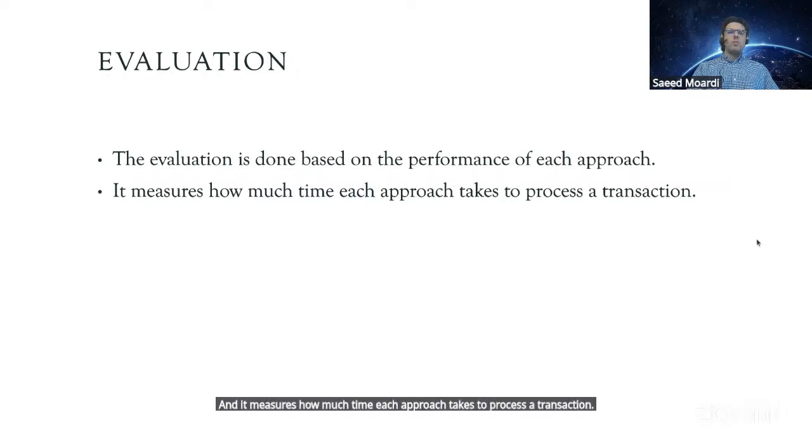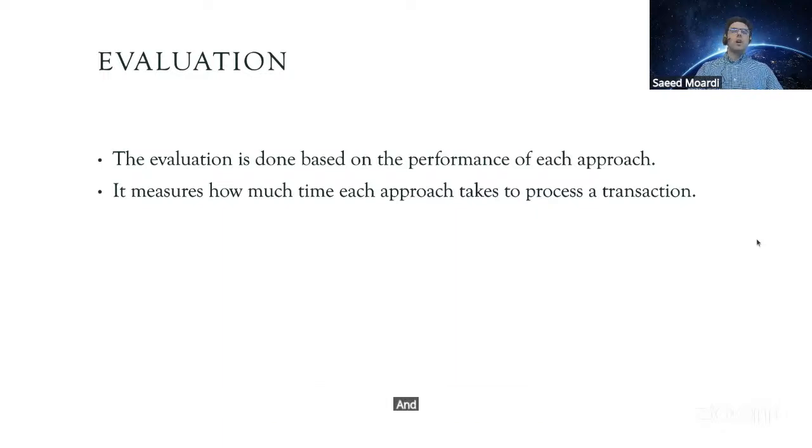So what we did was we sent 2,000 transactions for each approach, randomly from one side to the other. And we averaged out their response time, and we compared the average time of each approach.